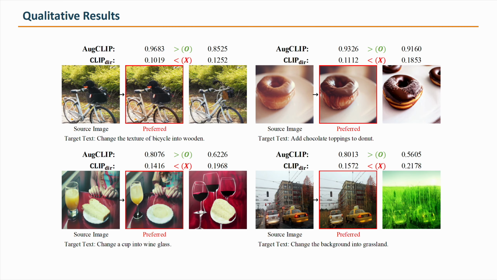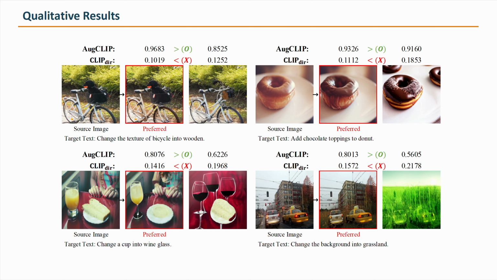Finally, we present some qualitative results. In cases like changing hairstyle, altering the texture of an object, or editing small facial features, OutClip consistently prefers subtle, accurate edits that respect the original image, whereas directional similarity often selects results that are visually far from the source.